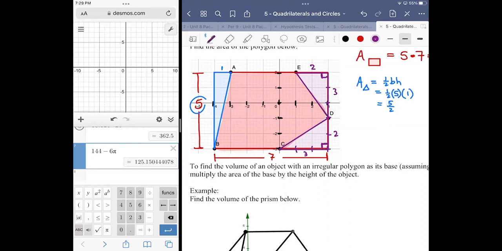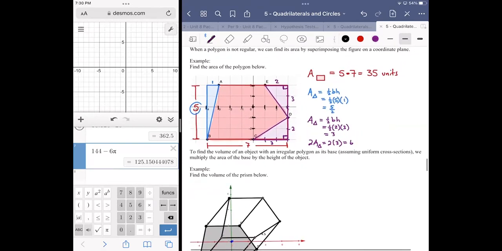Congruent triangles have the same area. Right? So I would figure out the area of a triangle, 1/2 the base times the height, again, 1/2 of 2 by 3. That's going to give me a result of 3, but 2 of those triangles, 2 times 3 would give me 6.